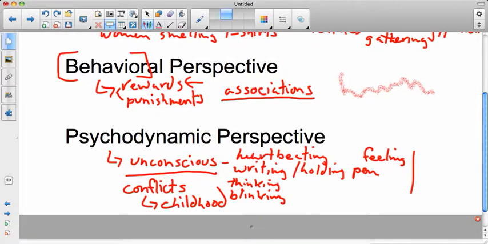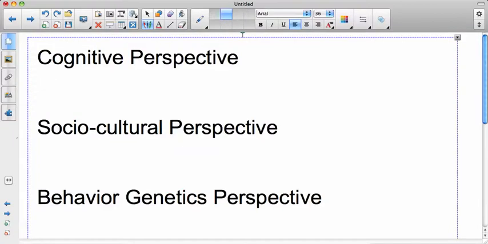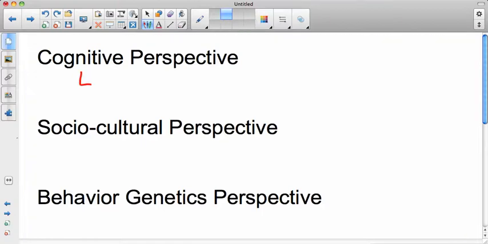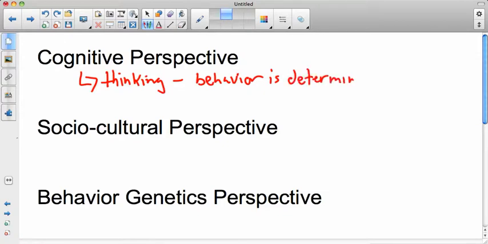Okay, let's take a look at another one. All right, the cognitive perspective. Now, when we talk about cognitive, immediately I think about thinking. So our behavior is determined by how we think. Ta-da! That's almost the opposite in some respects of the previous. I would suspect that there's that book, Seven Habits of Highly Effective People.